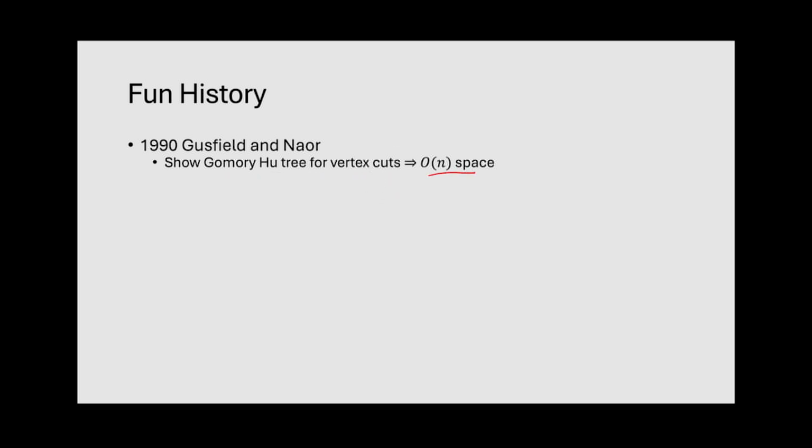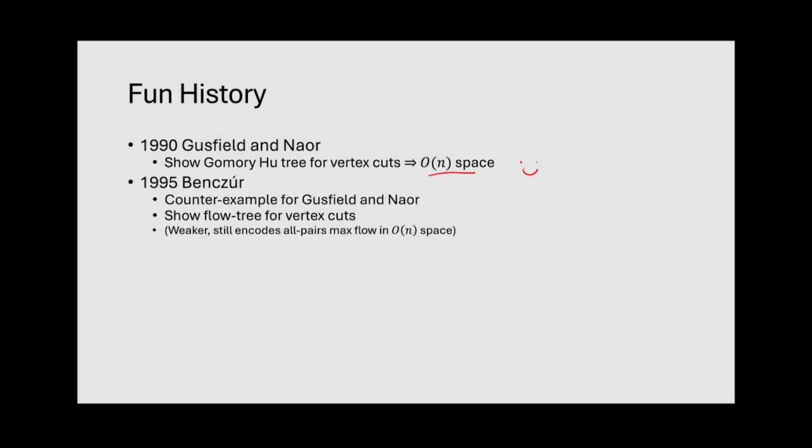That gives you O(n) space, so that's good. But then it turned out to be wrong. Benczúr showed that this is not correct, but suggested that there is something called a flow tree for vertex cut. It's still a bit weaker in some sense, but if you care about max flow value, it gives you all of that. That gives you O(n) space as well.